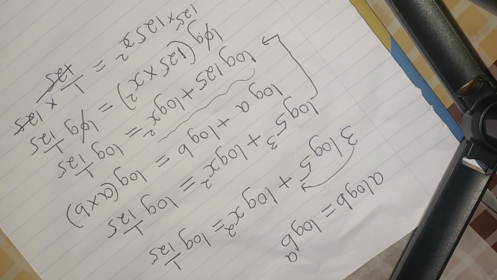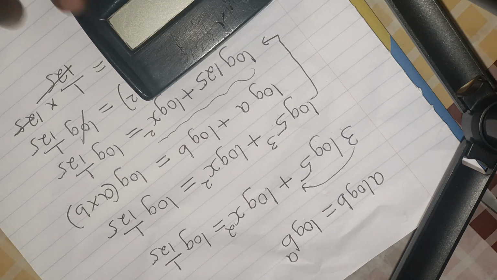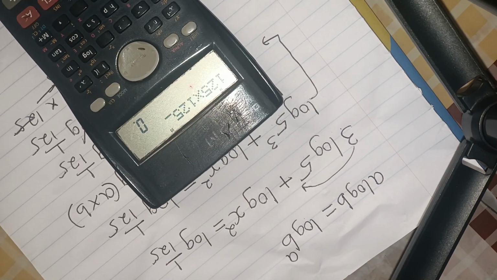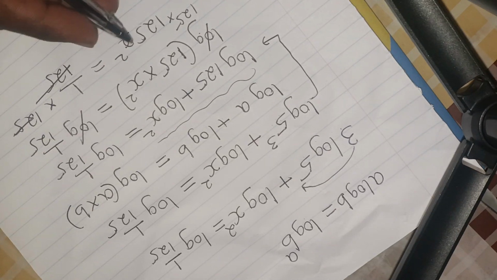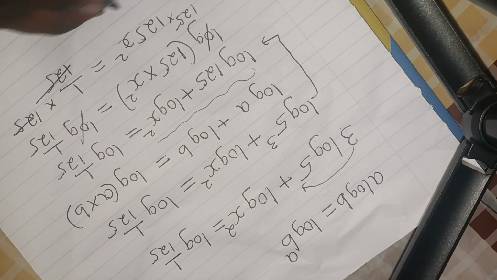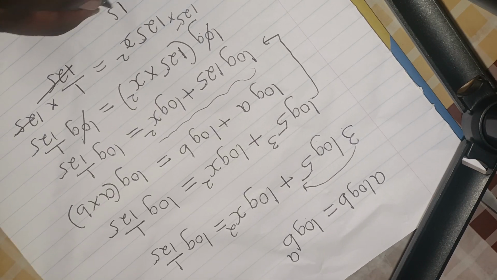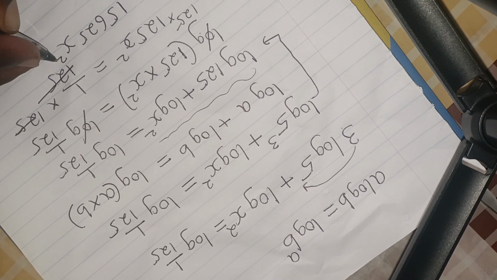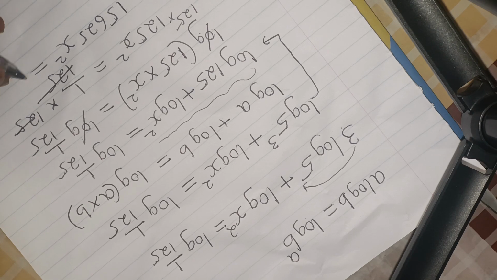So 125 times 125, where is my calculator? 125 times 125 translates into 15,625. So I'll have 15,625 x squared is equal to 1.